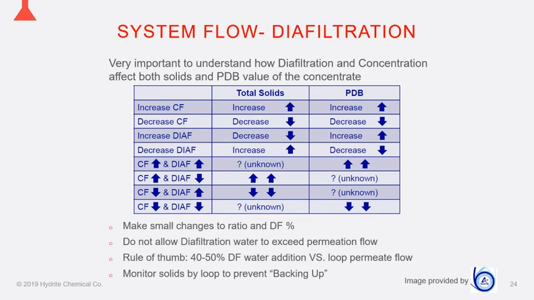If the protein was too high and we want to change that, we can do it in a couple of ways: by increasing or decreasing the concentration factor, which is that ratio control valve, or increasing or decreasing our feed flow rate. So by manipulating the front end or the back end, you can change the dynamics of the system. Also, if you want to increase or decrease the total solids, you can use diafiltration, and you can see the results from that.